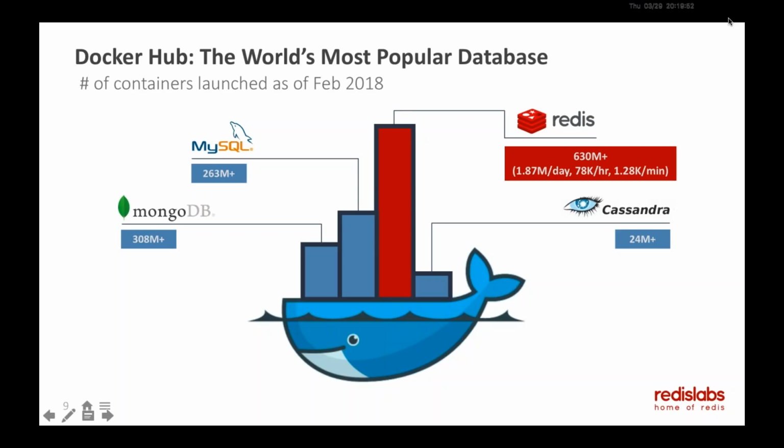If you compare it to some of the other database vendors, we are doing extremely well as far as downloads go, and developer interest is what is making this happen. It's organic growth that is coming in at a grassroots level from the developer community.